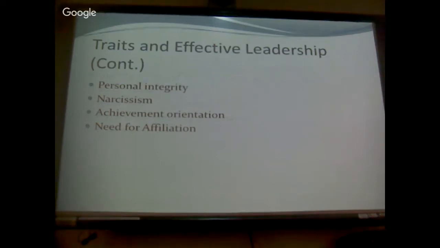Distributive justice is when the outcome itself is perceived as being fair. So if you think about that, somebody with personal integrity is going to be perceived as honest, credible, and trustworthy, and consequently, people react to them with a lot of loyalty and commitment.